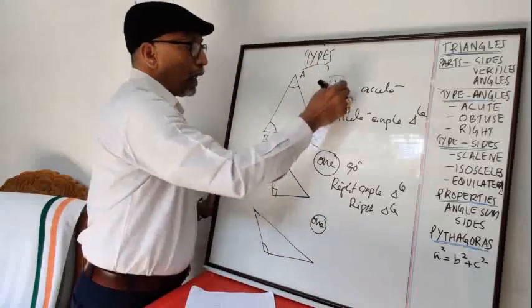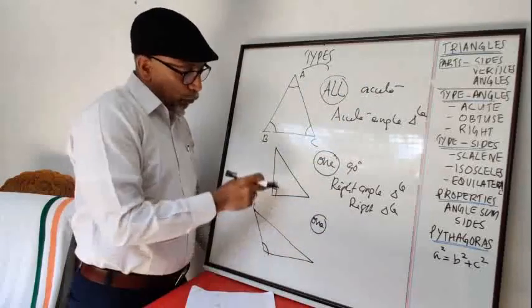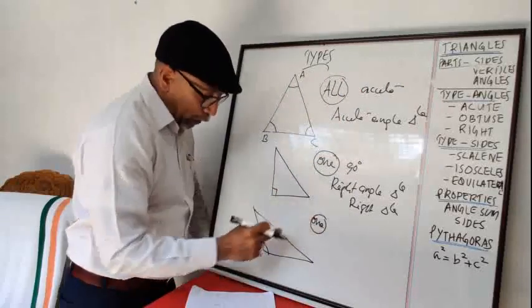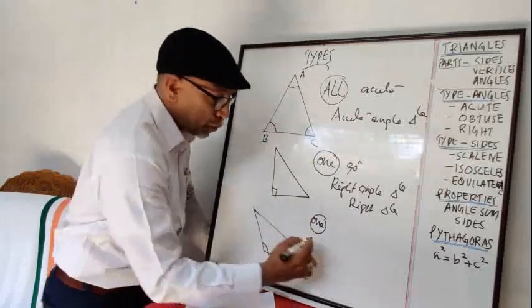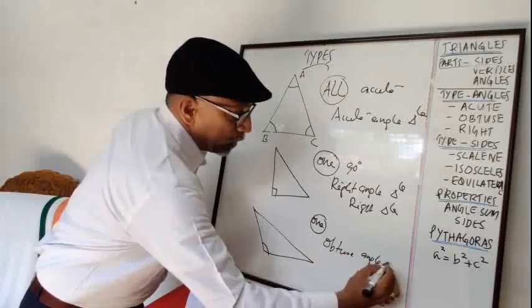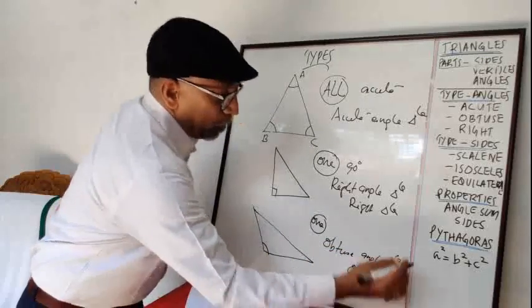Here all the angles are acute, we call it an acute angle triangle. If one angle is 90, we call it a right angle triangle. If one angle is obtuse, we call it an obtuse angled triangle, or obtuse triangle.